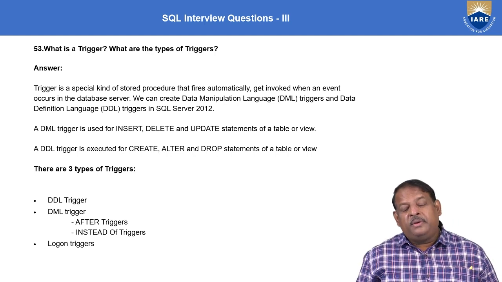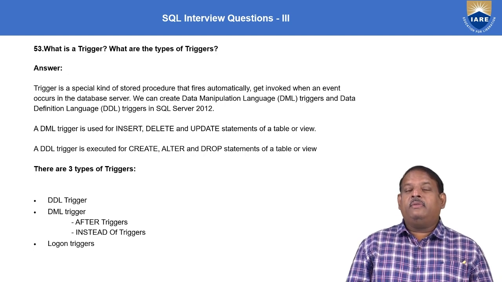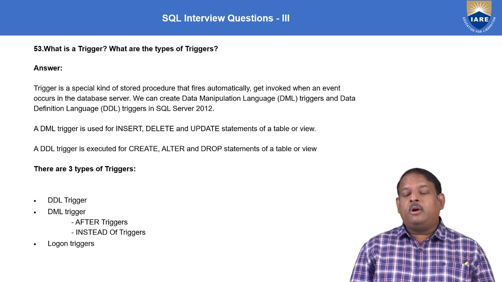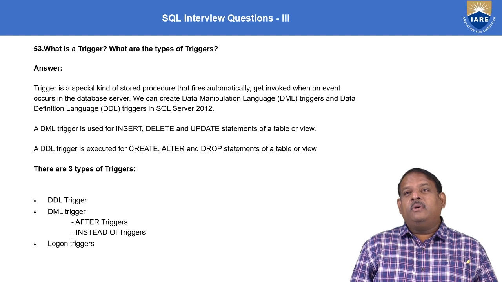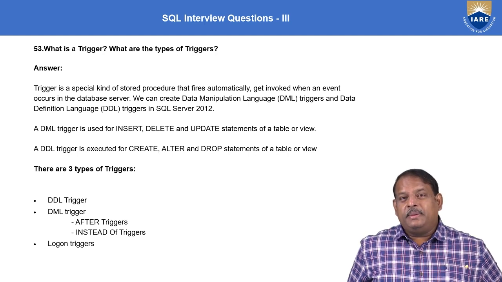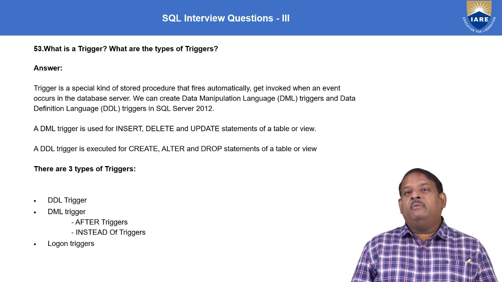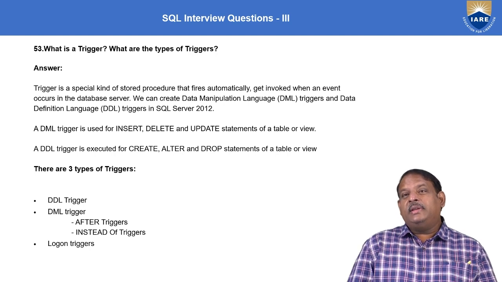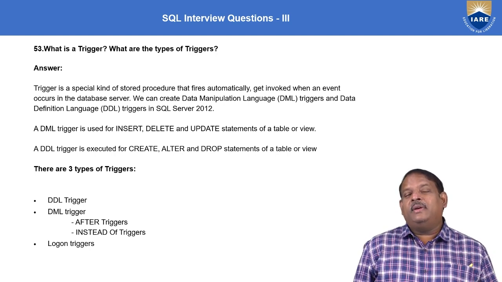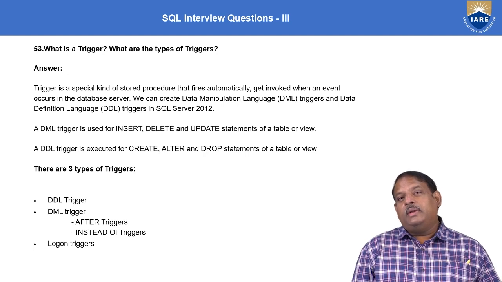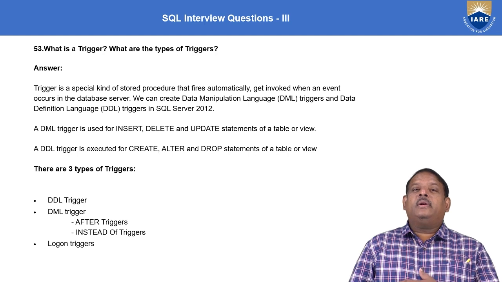But a trigger, you don't need to call; it will fire automatically when an event occurs in the database server. What is an event? Insert is an event, update is an event, delete is an event. So whenever an event occurs, the trigger will automatically fire.